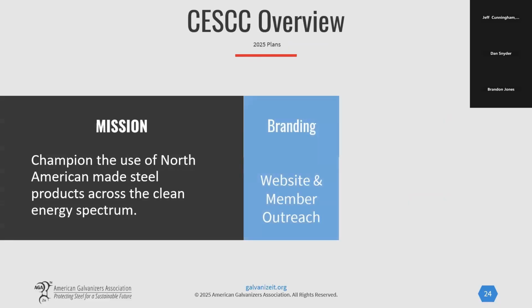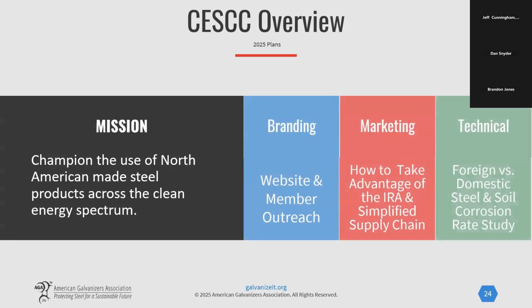The mission for them is really to champion the use of American-made or North American-made steel across the clean energy spectrum. They do member outreach, take advantage of IRAs, and simplified supply chain. And then, which is huge for you guys as well, is foreign versus domestic, steel versus soil corrosion and stuff like that. So definitely worth checking out.